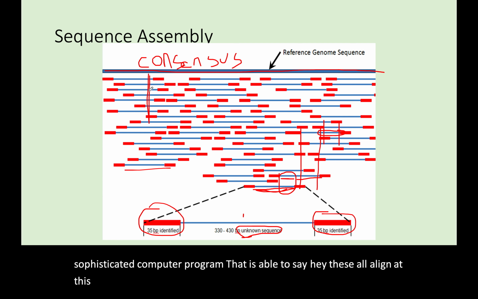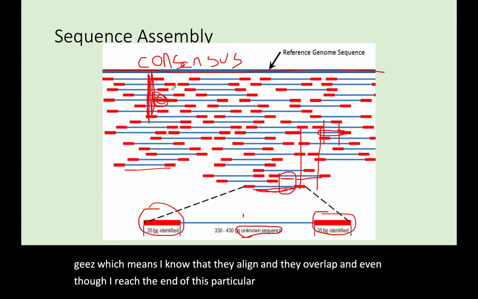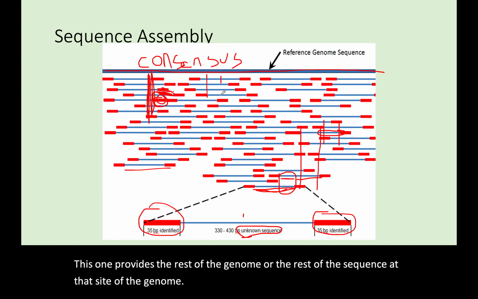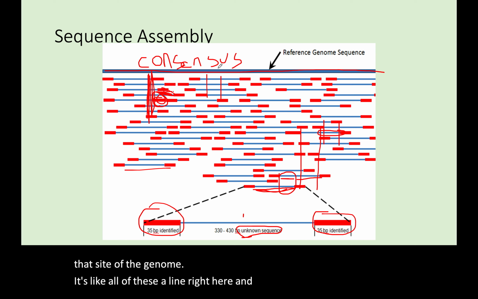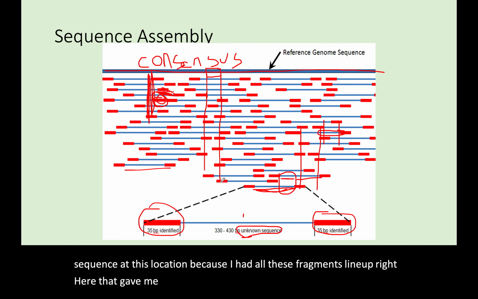Like at this particular site, these are all A's. At this particular site, these are all G's, which means I know that they align and they overlap. And even though I reach the end of this particular sequence, this one provides the rest of the sequence at that site of the genome. And so like all of these align right here. And so I can say this is the consensus sequence at this location, because I had all of these fragments line up right here that gave me the same nucleotide strand.